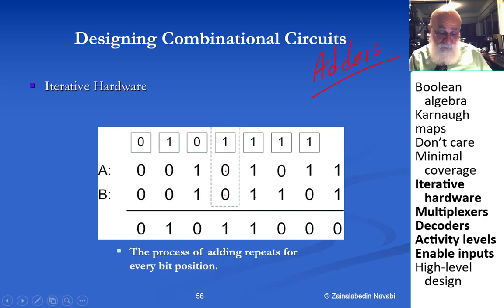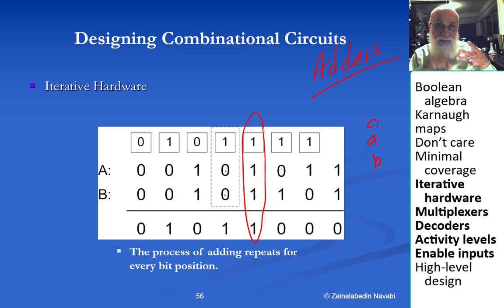See, what I did was the following. I actually took 3 bits carrying A and B, and I repeated the same thing for all these slices. In each slice, I look at 3 values: the carry-in, the A input, the B input, and create a sum output and a carry output to the next one.